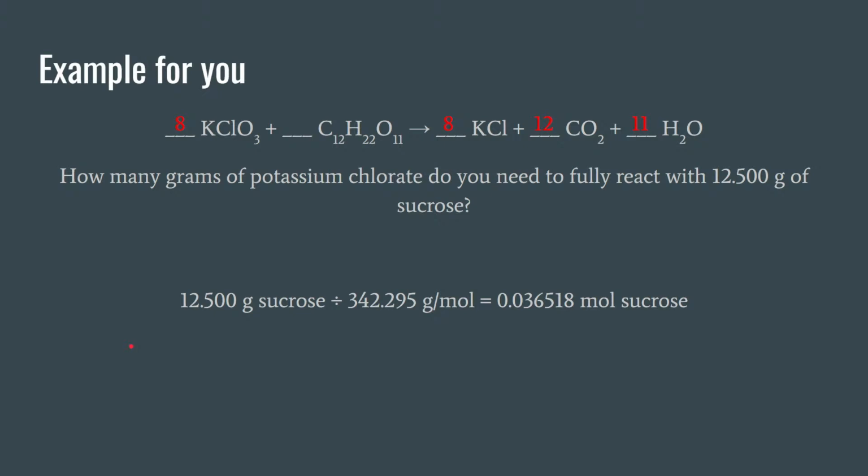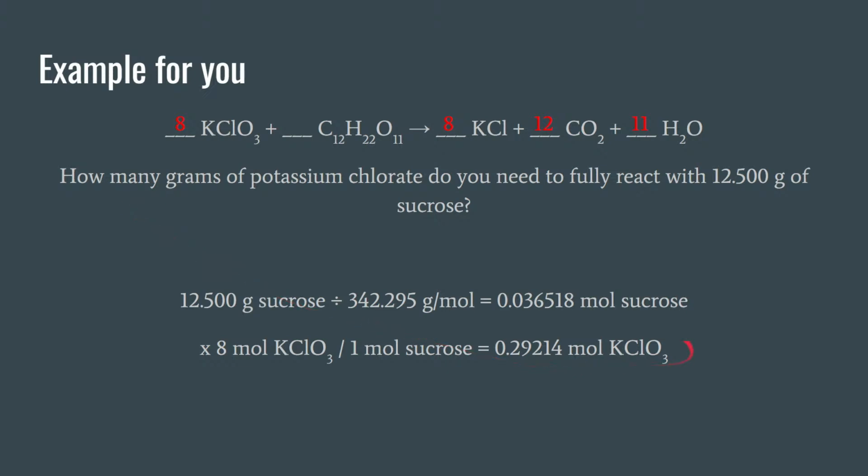The molar mass of sucrose is 342.295 grams per mole, meaning that 12.5 grams is only 0.036518 moles of sucrose. Now we do our stoichiometry step. Okay, for every 1 mole of sucrose, we are going to need 8 moles of potassium chlorate. So we multiply by 8, divide by 1.